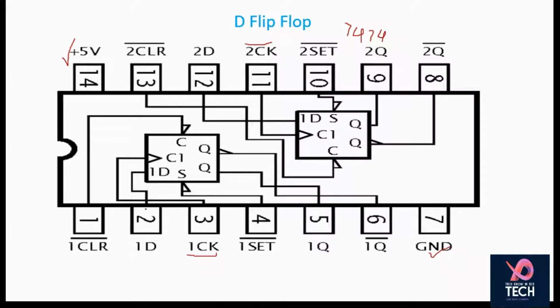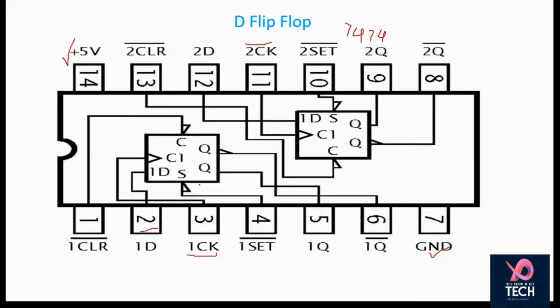As the D flip-flop has one input, this is the input for this one. Simultaneously, pin number 12 is the input for the second D flip-flop. This is your clear pin. Whenever this is low, the contents of this D flip-flop will be cleared, and along with clear we have one more option, that is set.